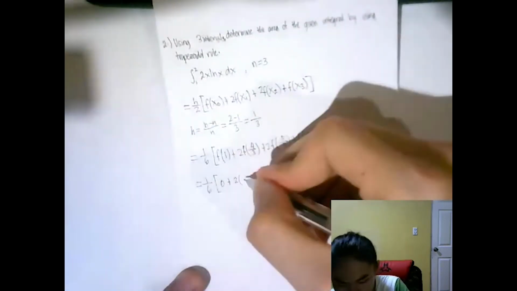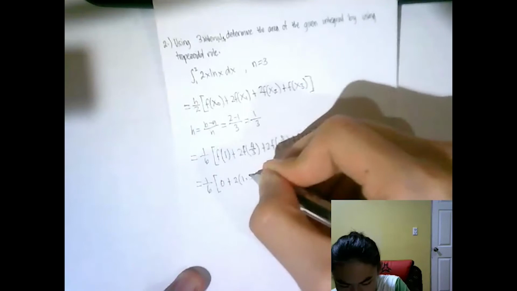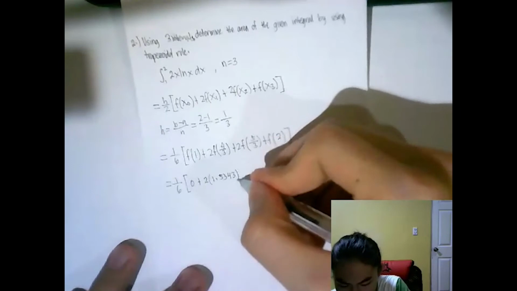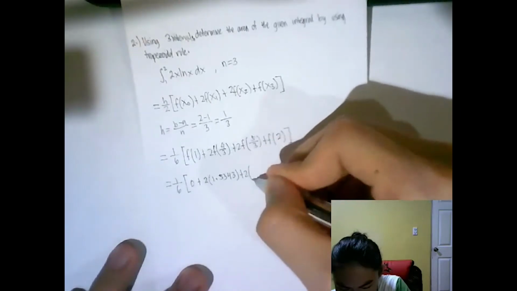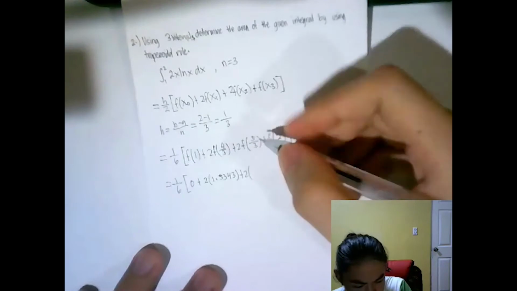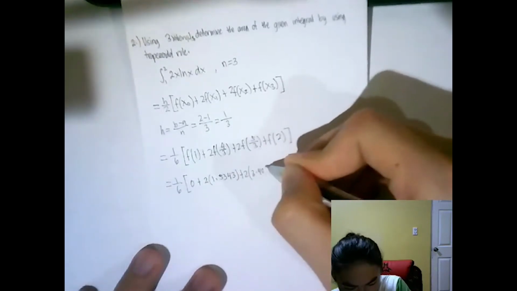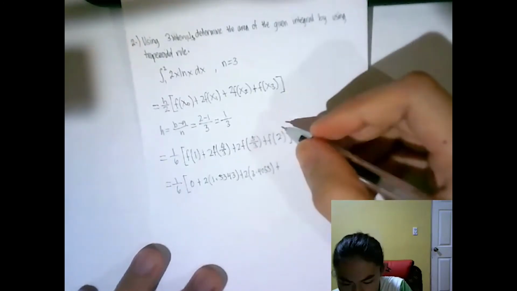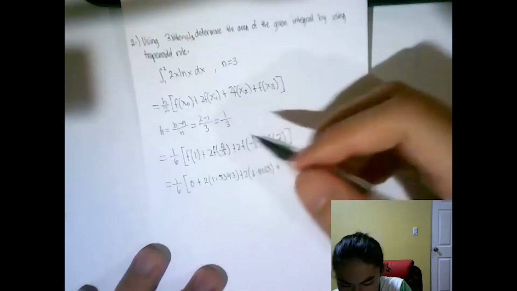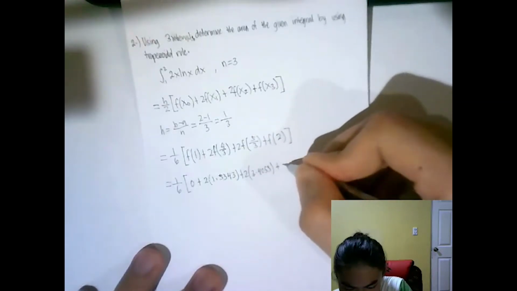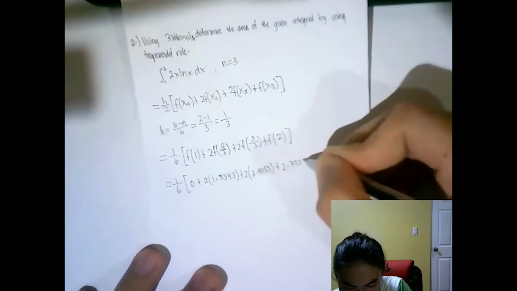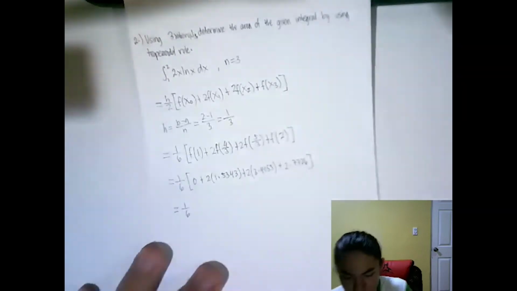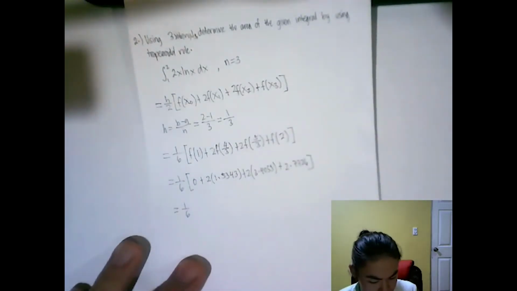Makakuha tayo ng value na 2 times 4 over 3 is 1.5343. Next naman is meron tayong 5 over 3, 3.4055. And for the last term, 2, substituting it into our equation, we will get a value of 2.7726.